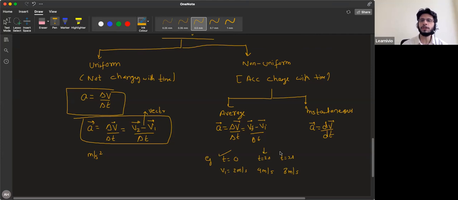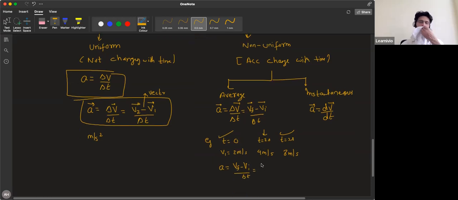You need initial and you need final, that's it. So average acceleration is final velocity minus initial velocity divided by time. Since the motion is one-dimensional, the angle is 0 degrees, so instead of doing complete vector subtraction, you can directly subtract. So it will be 8 minus 2 divided by 3 minus 0, which is 6 by 3, equal to 2 meter per second square.